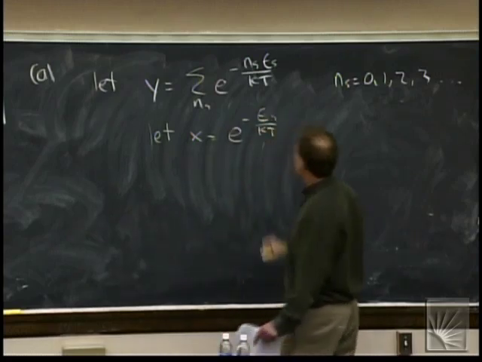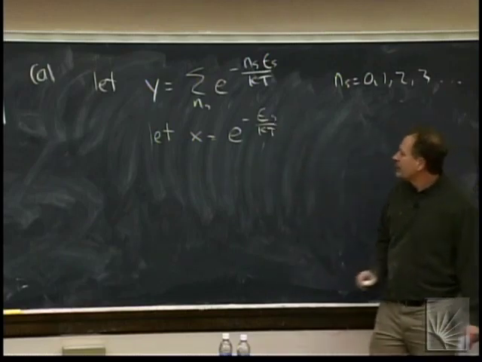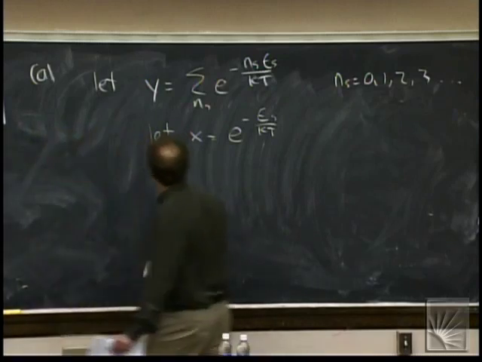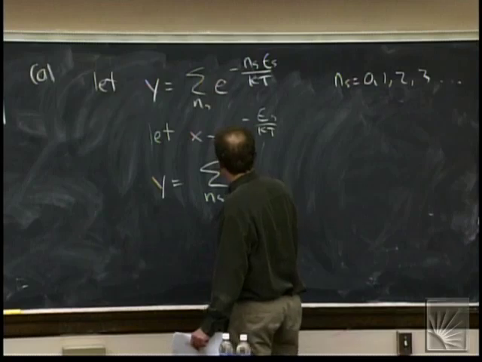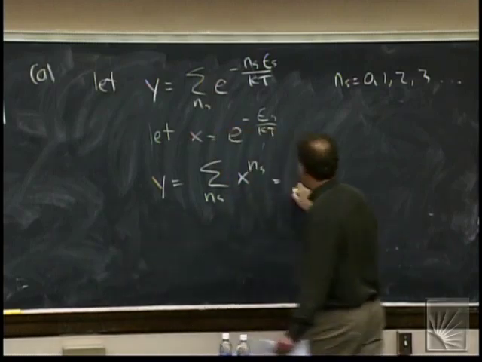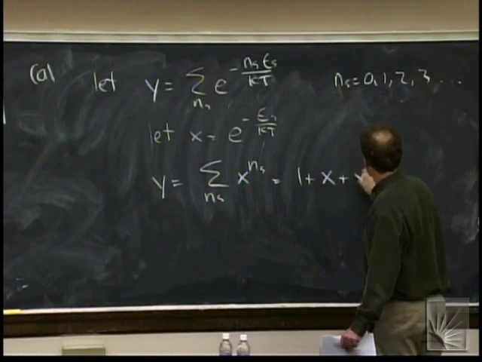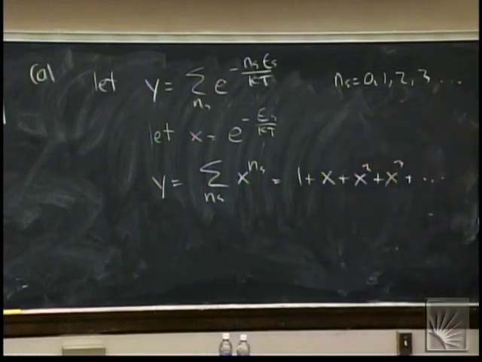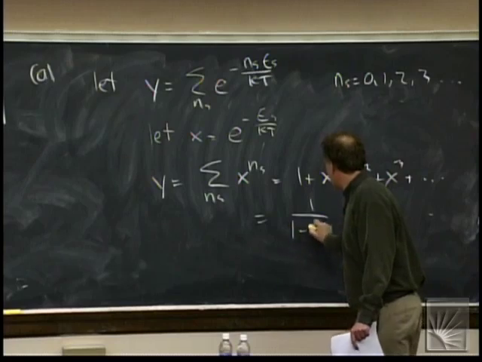You know, the Boltzmann bit without the n. So this sum is just this denominator, okay? So then y is the sum over n_s of x to the n_s, and n_s is running from 0 to infinity. This is 1 plus x plus x squared plus x cubed, right? And you know what this is, right? This is equal to 1 over 1 minus x.